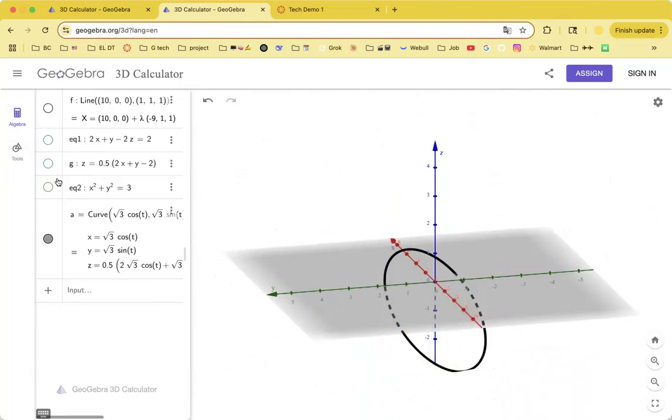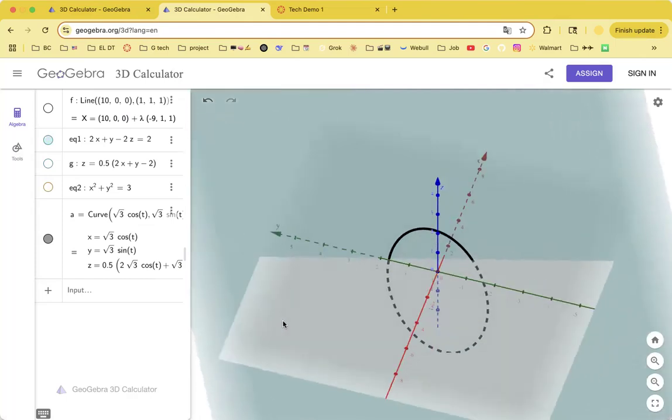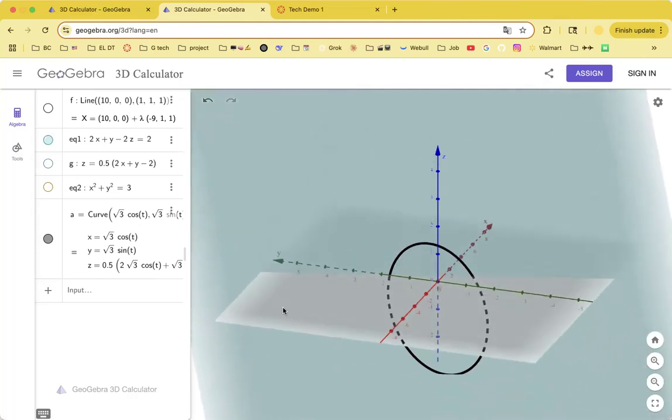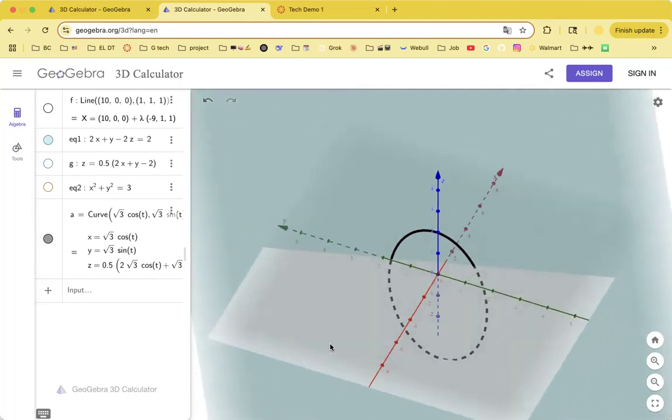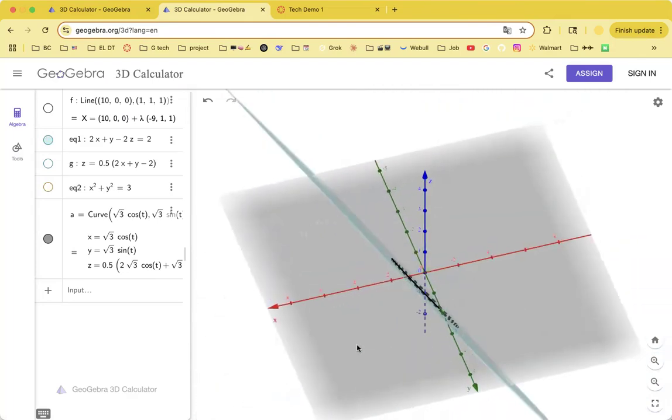And if you look at the plane from the top, it looks like this, kind of hard to see if it really intersects or not. So the simplest and easiest way is just looking from the side.